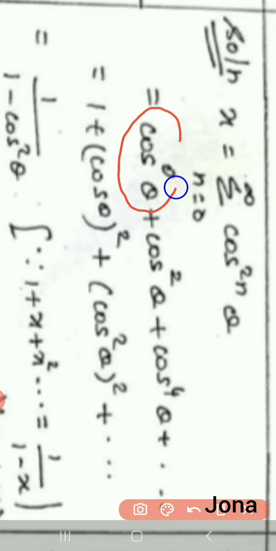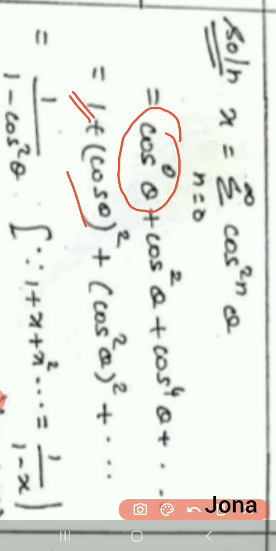If I substitute 1 here, it will be cos power 2 theta. If I substitute 2 here, it will be cos power 4 theta. Like this it will go on, because it is a multiple of 2, so it will be even numbers there at the power. Okay, and then the cos power 0 theta, that means anything power 0 is 1. So this value is 1.